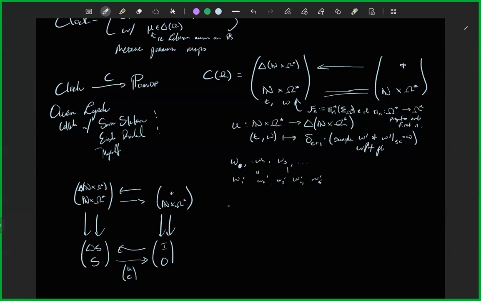Remember, we have O, n times omega star to O, I, n times omega star to I, and S, which is n times omega star to S. And the thing to note is that these are all sequences of random variables with sample space omega star.